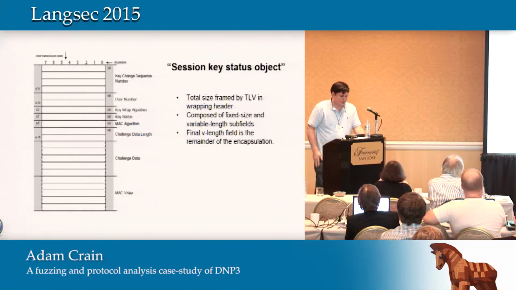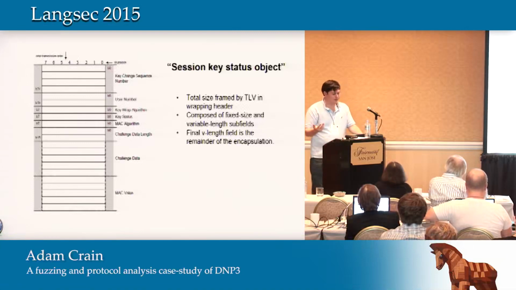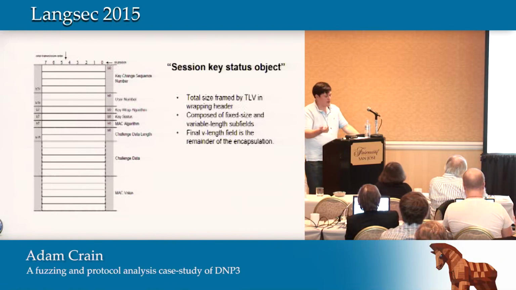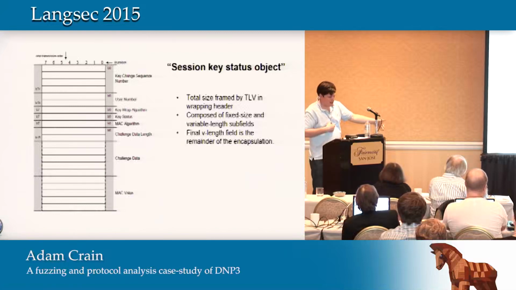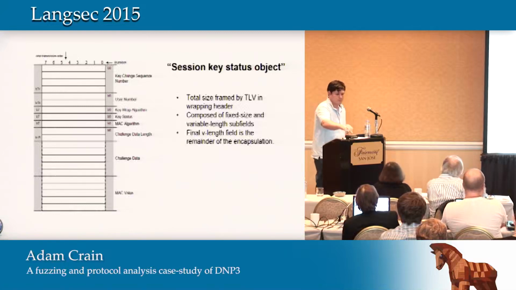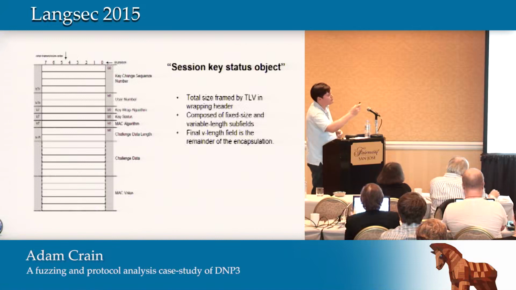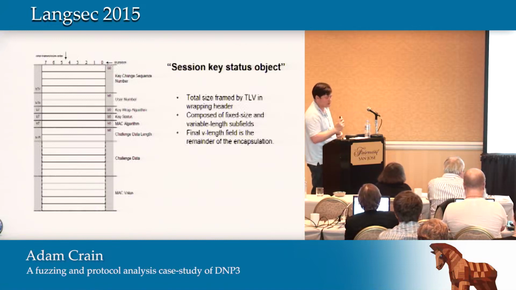So some of the objects themselves encode some of the security primitives. This one is a session key status object. This is how one side notifies the other of the state of the session keys. How they're encoded: this object is usually framed by tag length value, so there's a header that specifies the size of the whole object. And these objects have some number of fixed length fields.